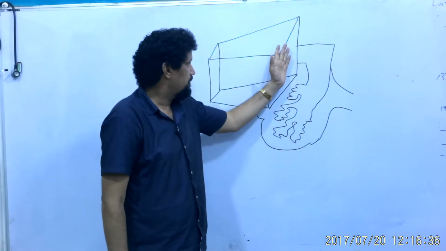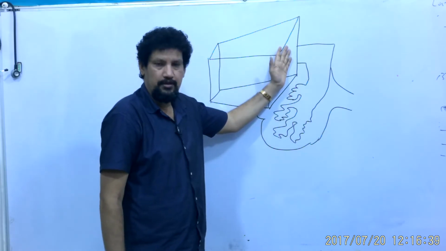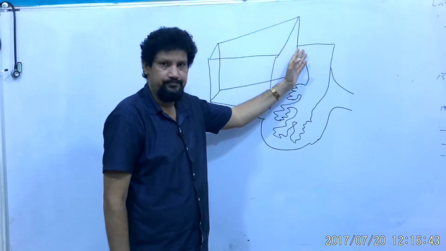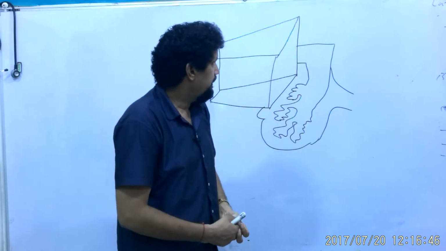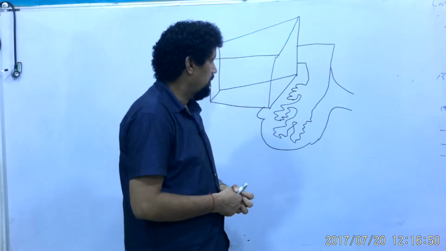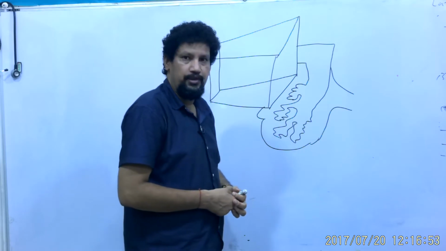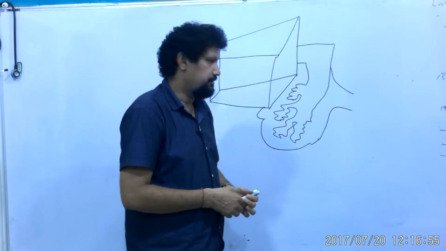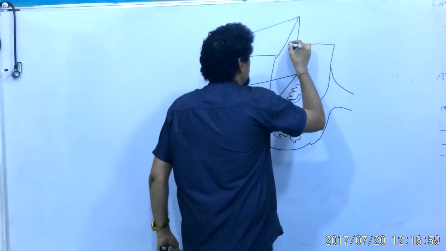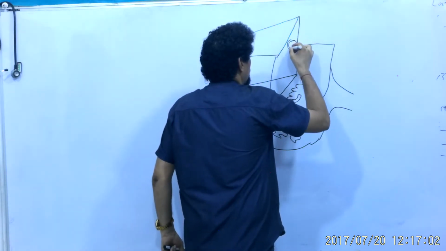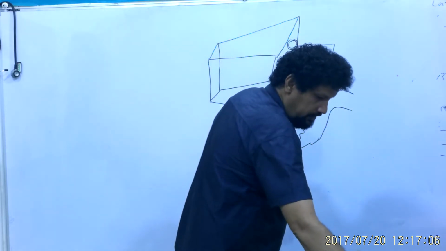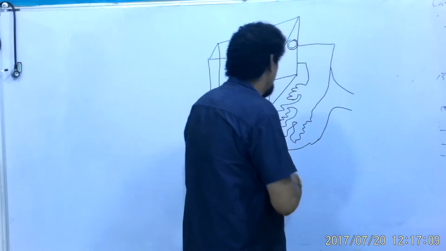This posterior part or the mastoid wall is related to this antrum. This wall, the posterior wall, is also related to the fossa incudis.